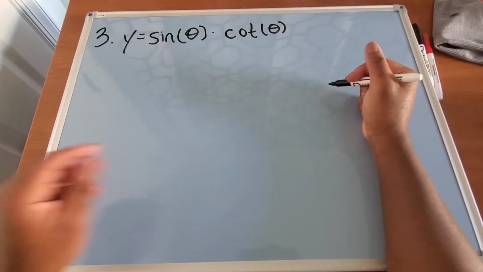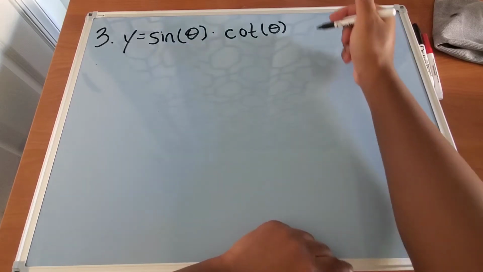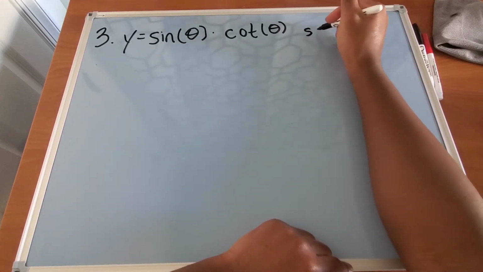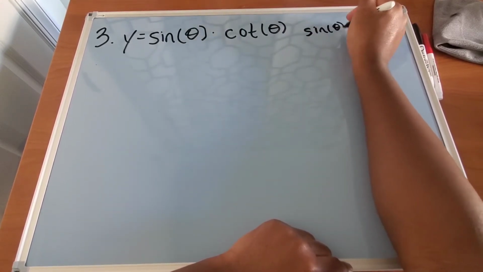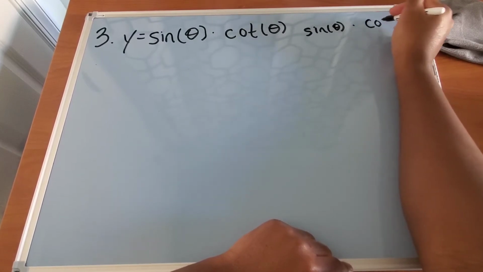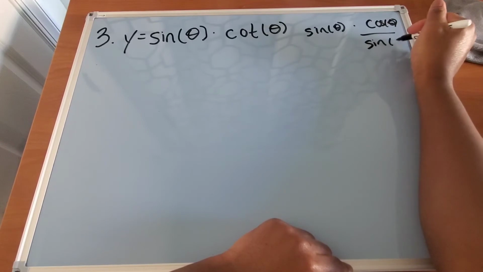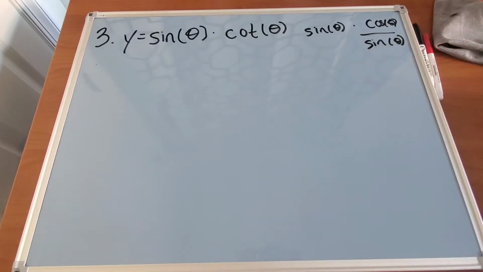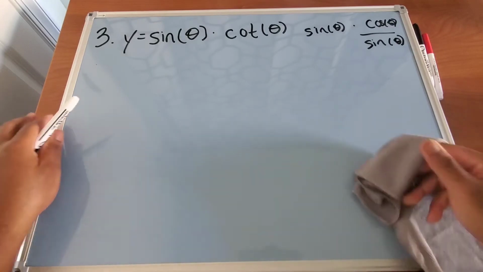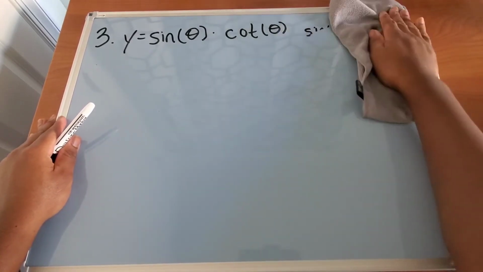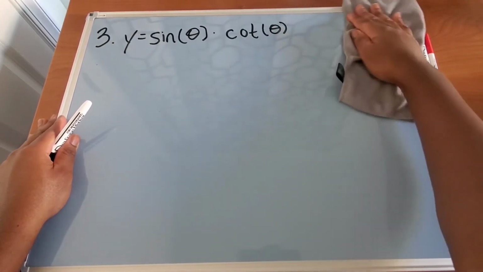This one can actually be simplified down to just, so if you know that sine of theta times cotangent of theta, cotangent is cosine over sine. So it actually just becomes cosine of theta, and the derivative of cosine theta is negative sine theta. So that is one equivalent form of getting the answer.